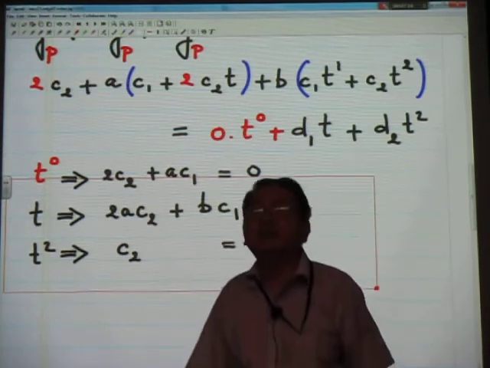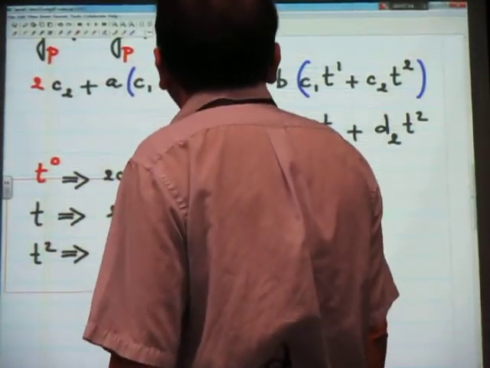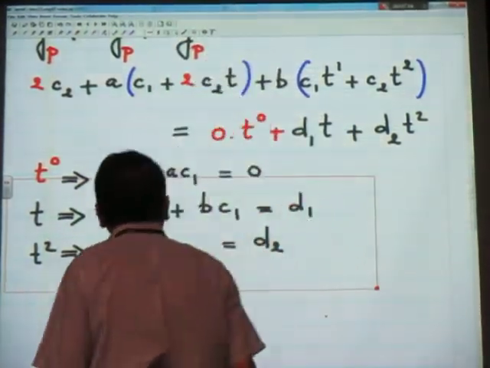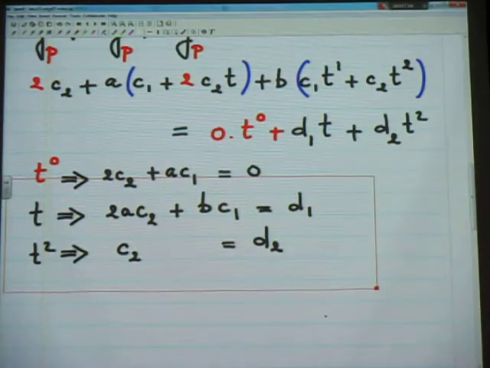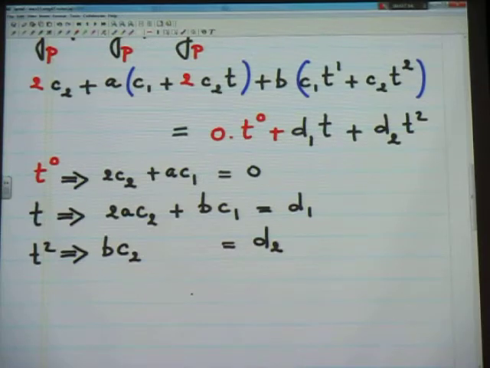Yes, Brennan? T squared term, should be a b in front of C2? Yeah, B times C2. Yes, you're right. So that's a factor B here that I forgot. So 3 equations, 2 unknowns.